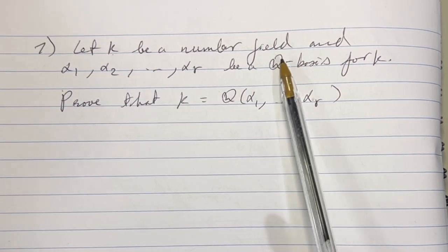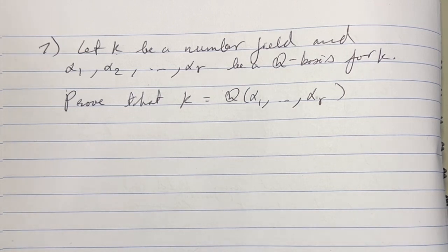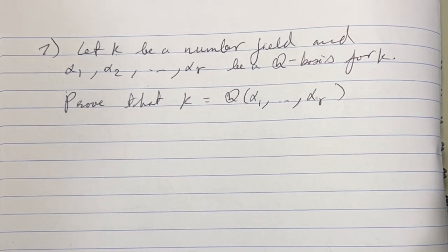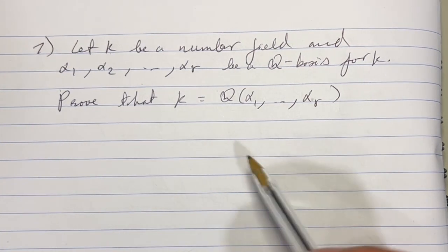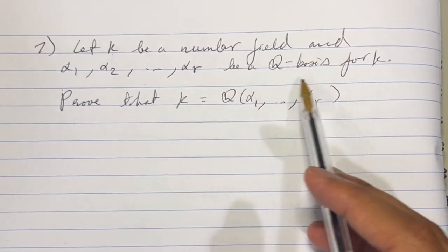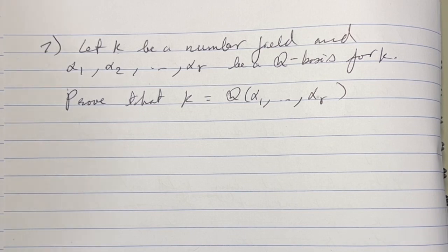So K is a field, right? So it's an abelian group with respect to addition and an abelian group with respect to multiplication, and it also has a multiplicative inverse. It's not particularly necessary to know that, but this is a Q basis, which means it's Q linearly independent.